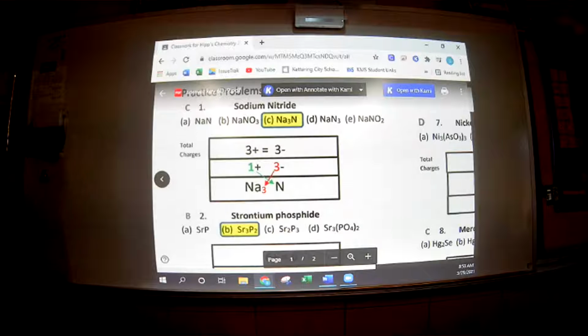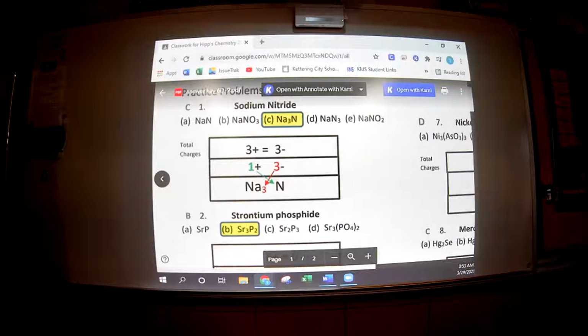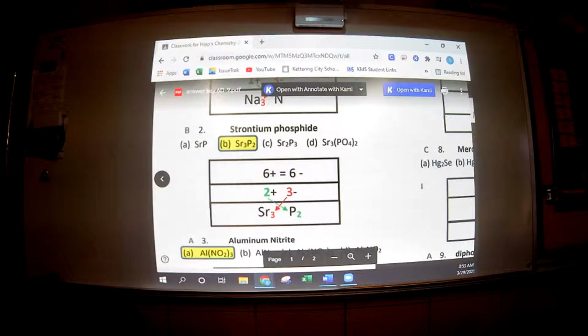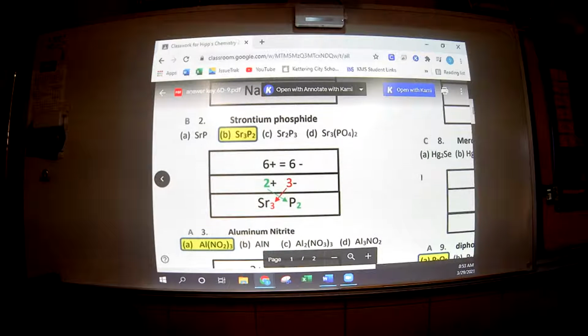Question on number 1. If you have trouble on any of these, ask. Today is set aside to help you understand this stuff. How about number 2? Question on 2.